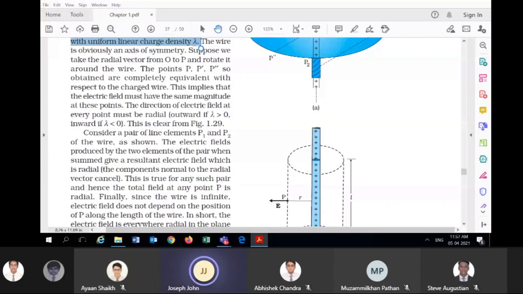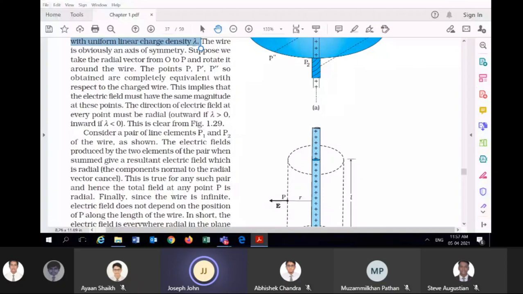If you want to apply Gauss's law, we have to create a surface, you know. That surface, we call it as Gaussian surface. It is a colloquial word. For example, this is my charged wire, and you want to find the field at a point. You make a cylinder like this.